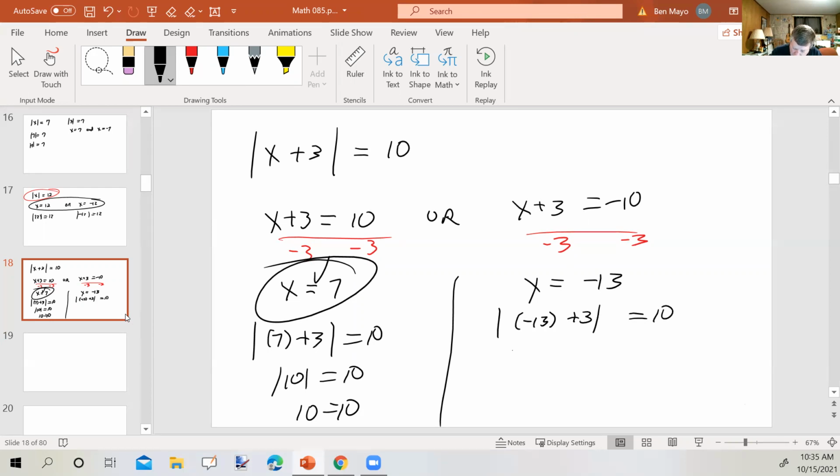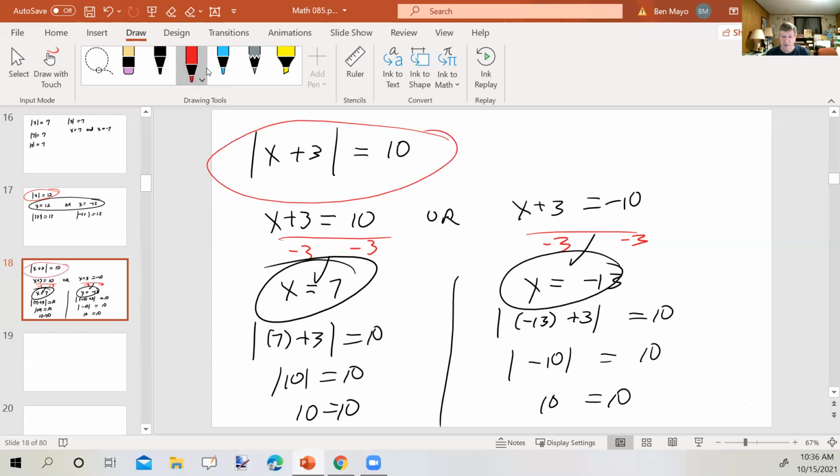The absolute value of negative 10 equals 10, but the absolute value of negative 10 is 10. 10 equals 10. So x equals negative 13 also checks. So we have two solutions to this absolute value equation. Any questions so far?